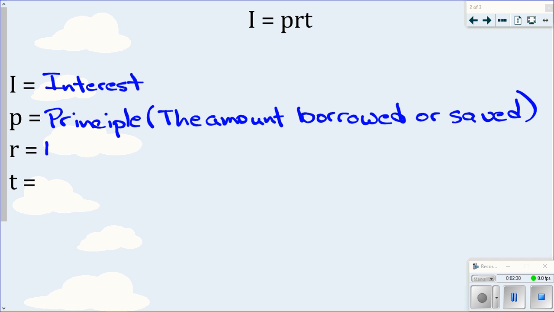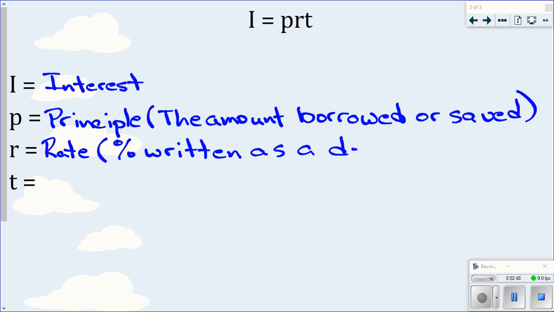And the R stands for rate. Interest is done as a rate. It's a percentage. A little special note here: the rate is the percent written as a decimal. So if you put money in your savings account, your bank might pay you 1% interest.